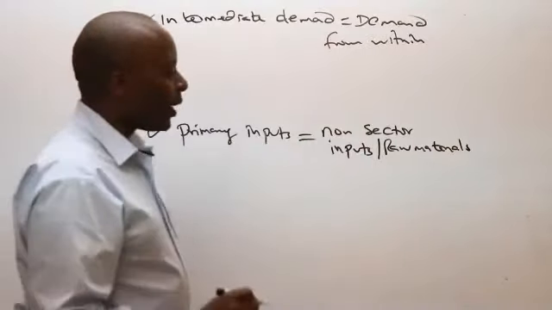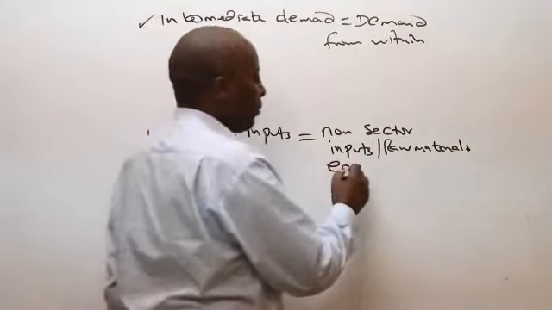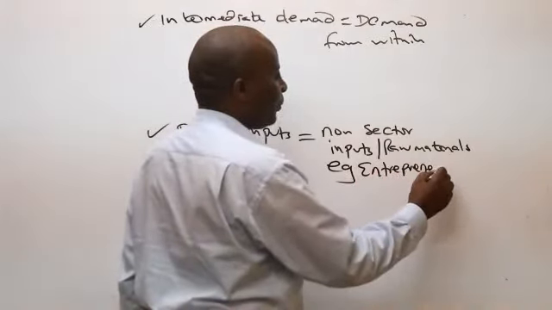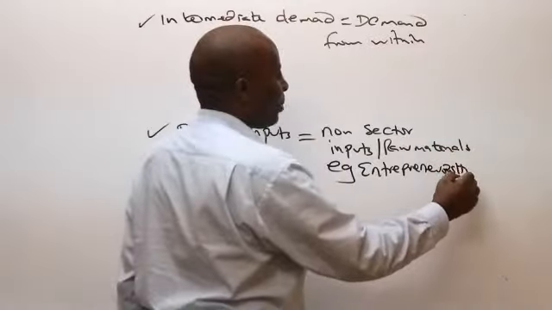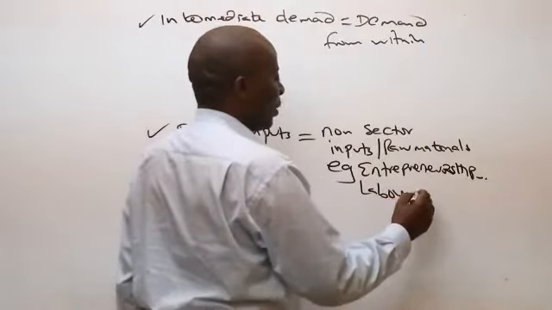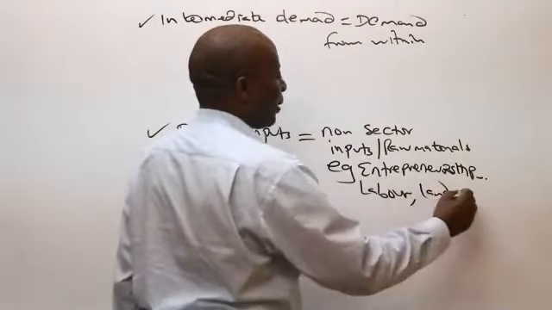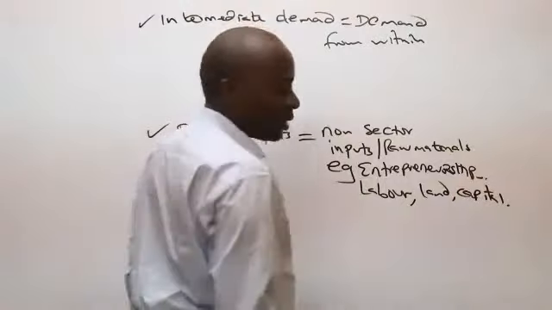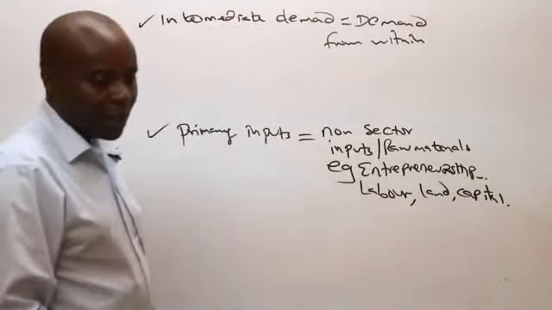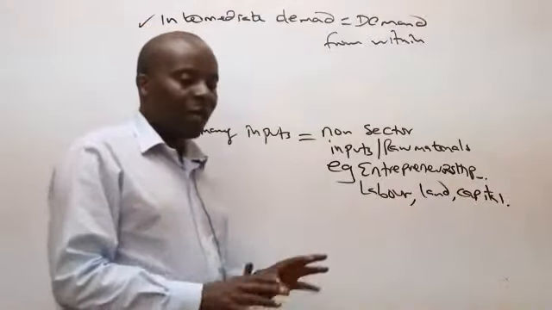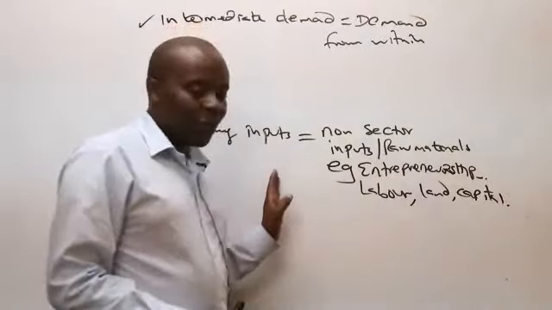A very good example will be entrepreneurship. We have labor, we have land, we have capital. There is no sector that produces these things. So we lump them together under what we call the primary inputs.